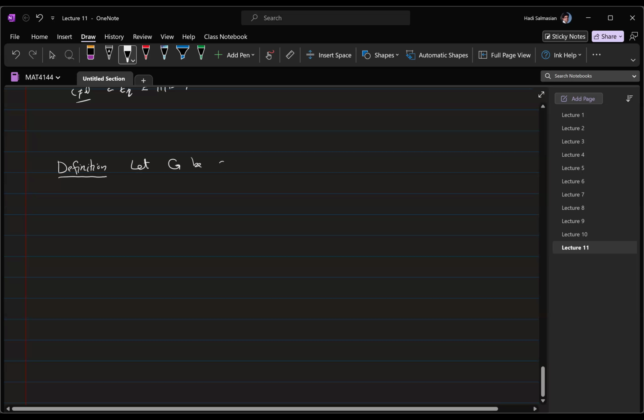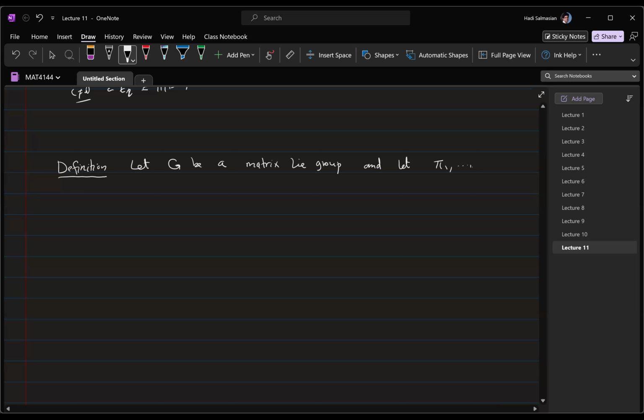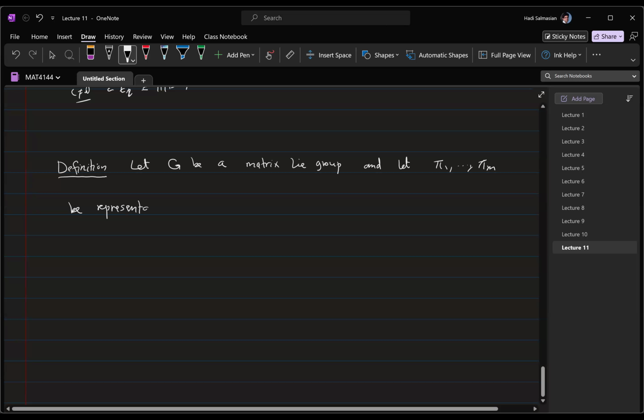Let G be a matrix Lie group, and let pi 1 to pi m be representations of G on vector spaces V1 to Vm, all over R or all over C. Let's not mix them up.